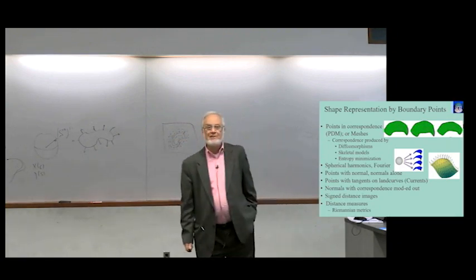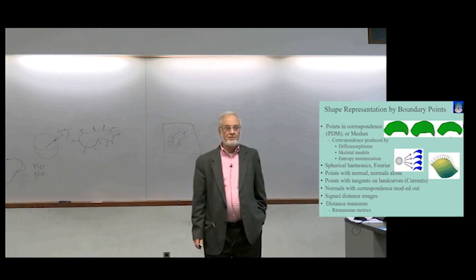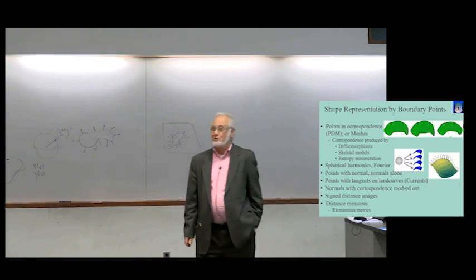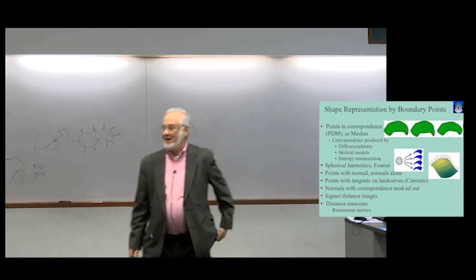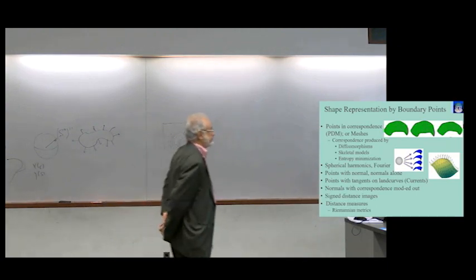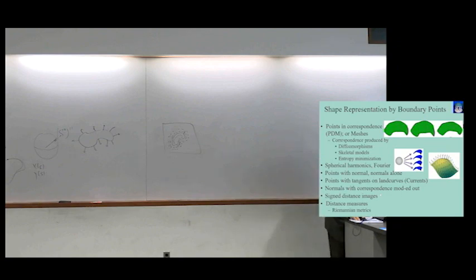And when you mod out correspondence, it turns out that you get a normals representation. And so we'll talk about that. Also, I talked about signed distance images that we're going to be talking about. And I also talked about distances on the boundary via Riemannian metrics.